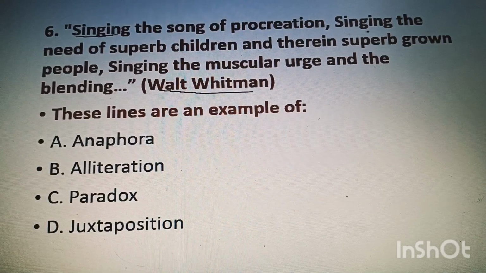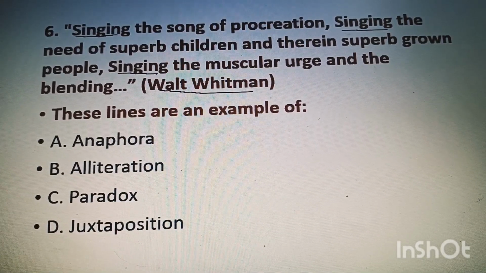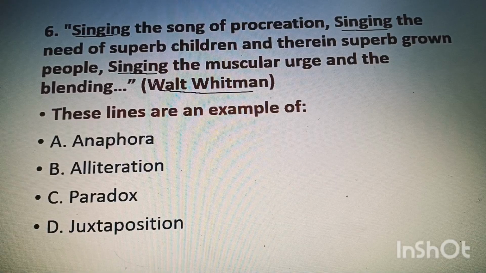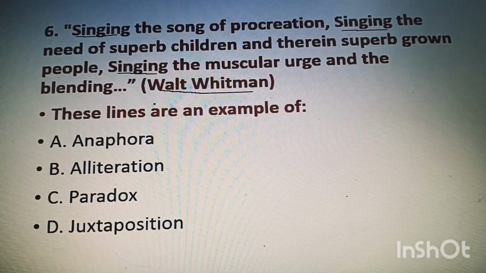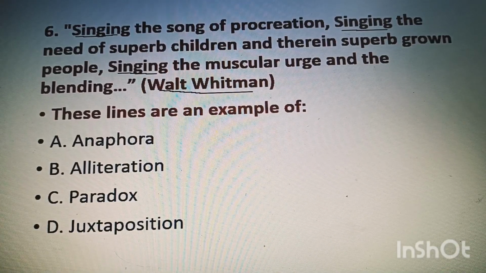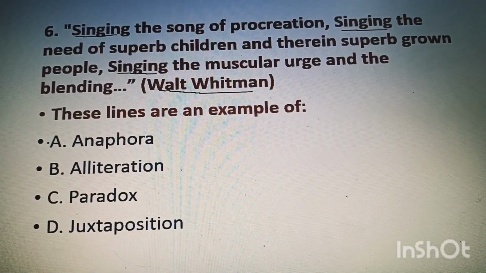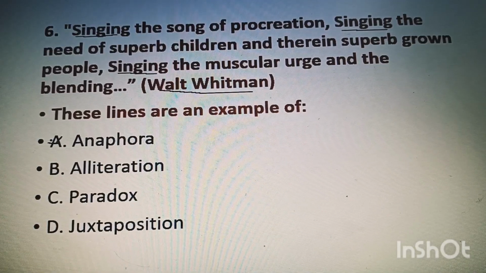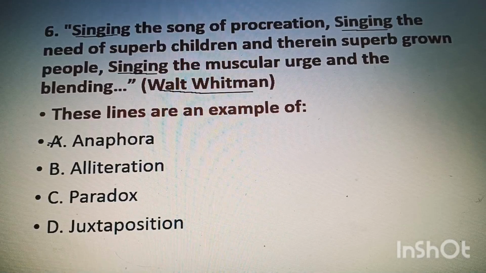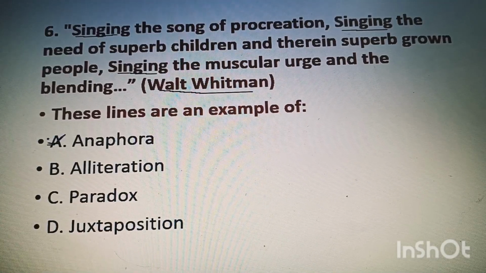Singing, second line, singing, third line, singing. Okay. So this is called anaphora. poem की जब two और more than two lines का first letter और phrase जब repeat हो रहा है तो that is anaphora.